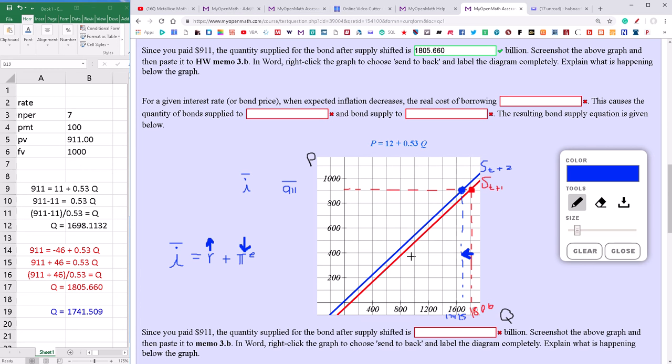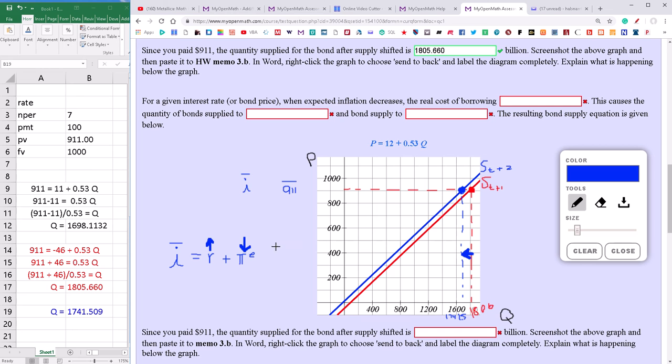So the real cost of borrowing is going to rise. If it rises, what are firms going to do if we hold this nominal rate of interest constant because we're holding the price constant? Well, the quantity of bonds that firms are going to float or auction or supply will decrease, and bond supply decreases.